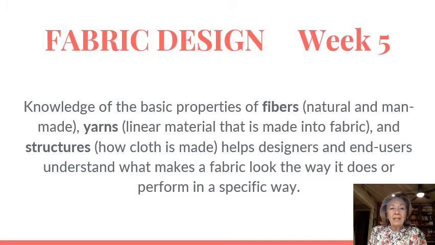And this helps designers and end users understand what makes a fabric look the way it does or perform in a special way. So hopefully you understand that there's this natural progression in this class, that we've kind of broken the textiles down into the fibers, the yarns, the weaving, and the knitting process. And now we get to look at fabric design, how these beautiful fabrics end up, and we kind of understand the characteristics that have gone into the fabrics at this point.